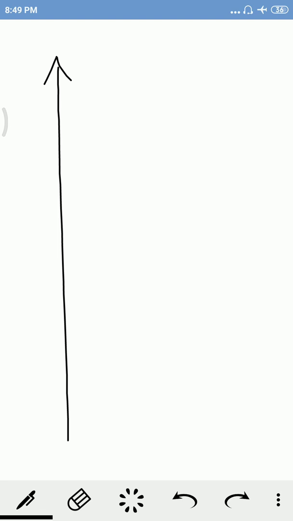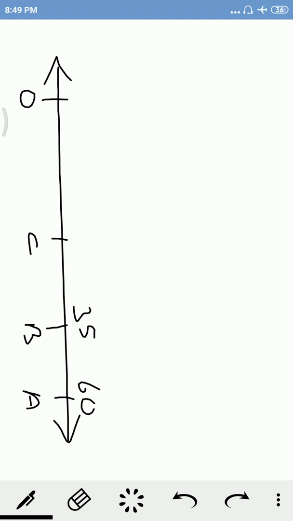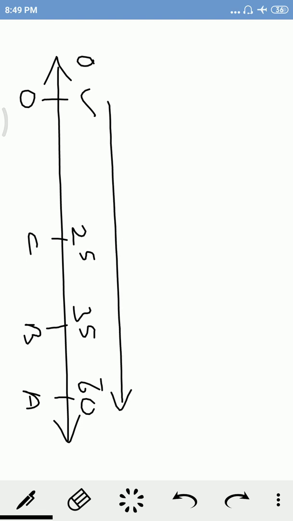Now if we consider this example once again, if the object starts from origin, that is O, and it reaches B and returns at C, what is the shortest path between O and C? What is the shortest distance?